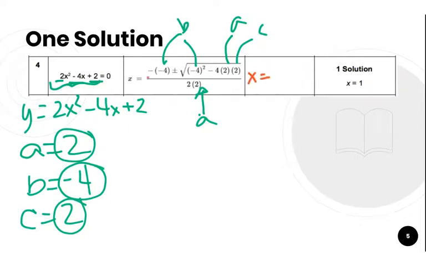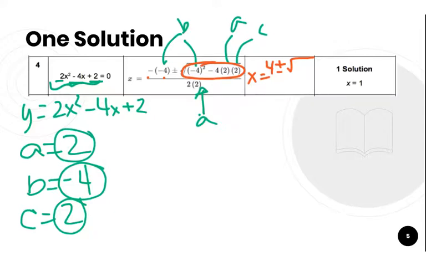x equals, a negative 4 becomes a positive 4, plus or minus, and this is where it gets important, this is the discriminant right here. I need to use my calculator. Actually, maybe I could have done that in my head. So parentheses, negative 4 squared minus 4 times 2 times 2.